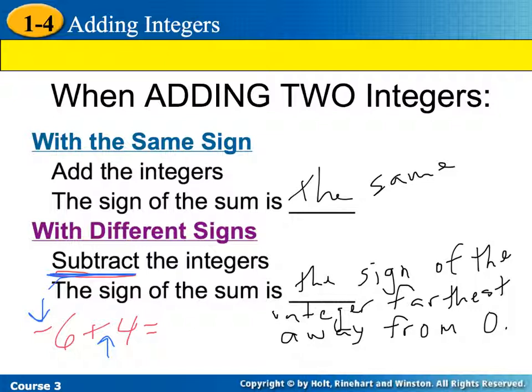Subtract the digits, which is 2, and my sign is the sign of the integer farthest away from 0. So between -6 and 4 on a number line, which is farthest away from 0? -6. So because -6 is farthest away from 0, my answer is negative.